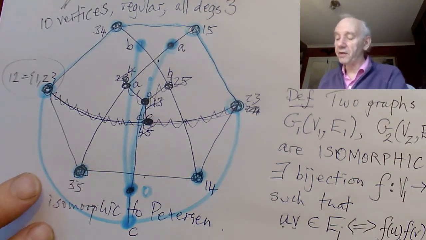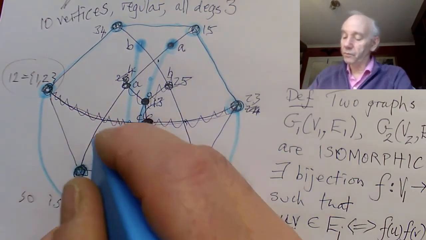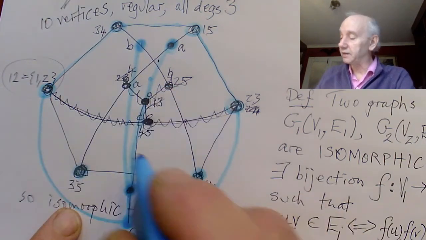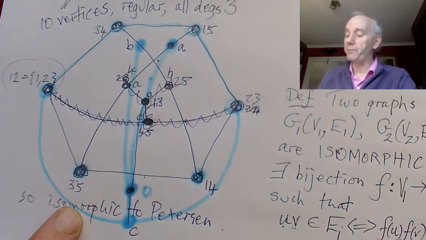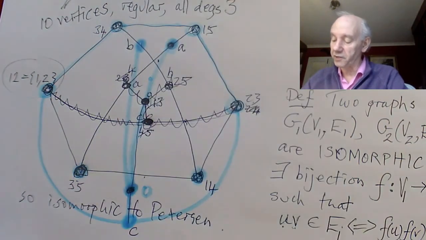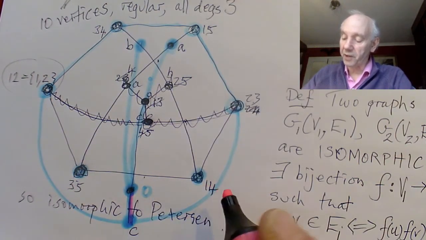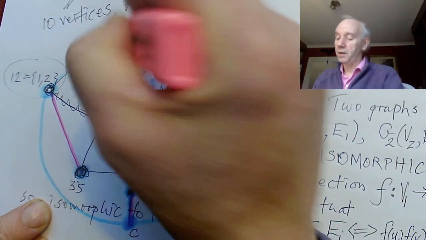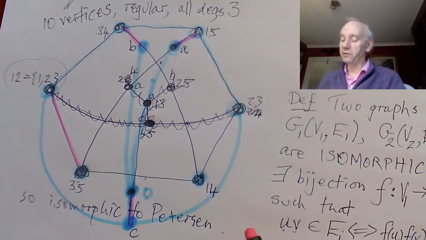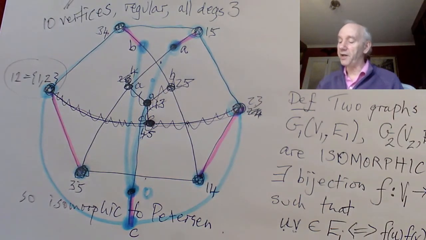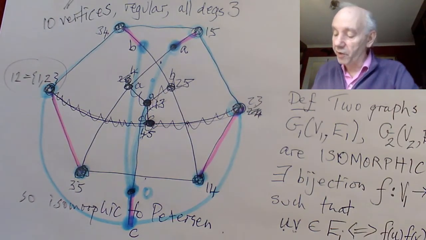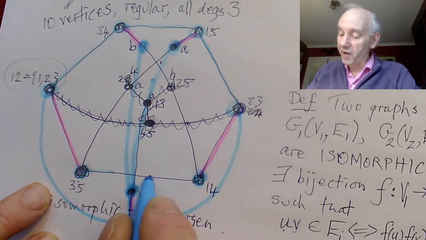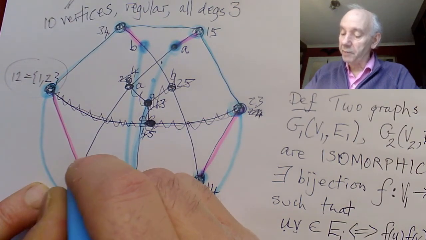So you see, they're all related to the spokes. Let me draw the spokes in pink, which is what I used before. So there's one spoke, here's another spoke. So it's going to join the pentagon to the pentagram. There are my 5 spokes. And these edges I'm leaving as they were, so they're going to remain as edges, but they're now in blue.